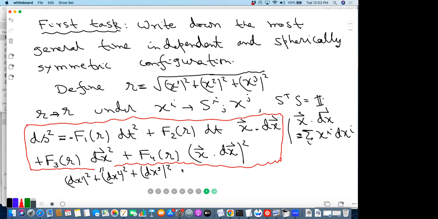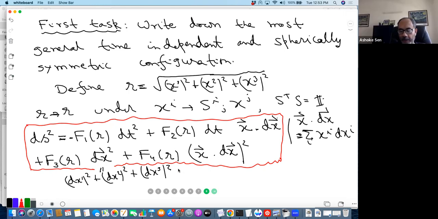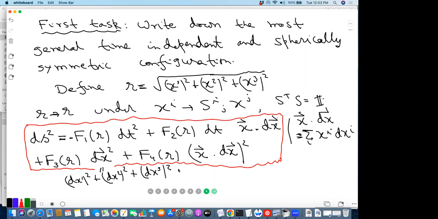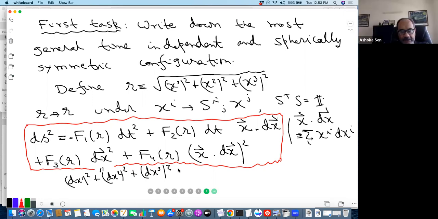Again, we go back to the example of a point charge. For a point charge, we require spherical symmetry. But if you didn't demand spherical symmetry, then certainly the answers will be more complicated. From physics considerations, we expect that for a point charge, the solution should be spherically symmetric.